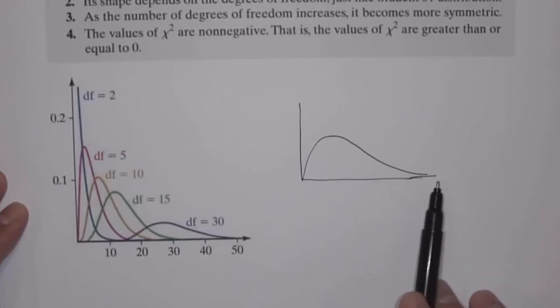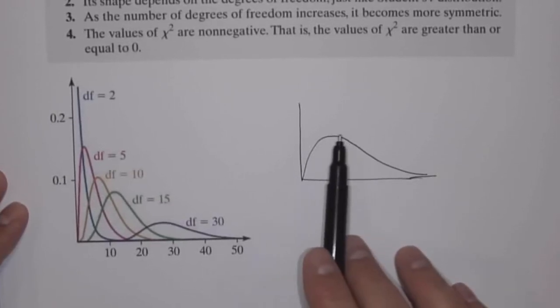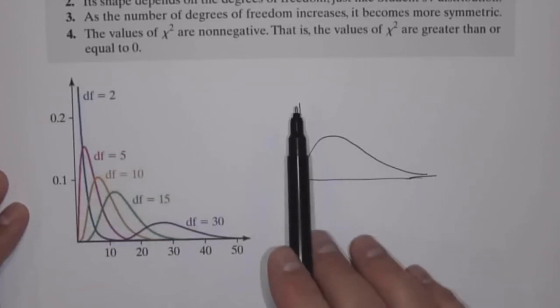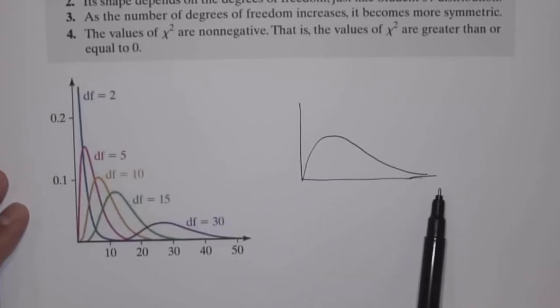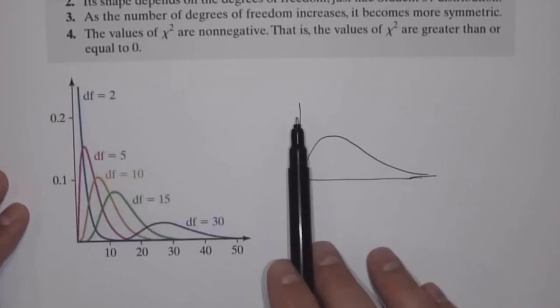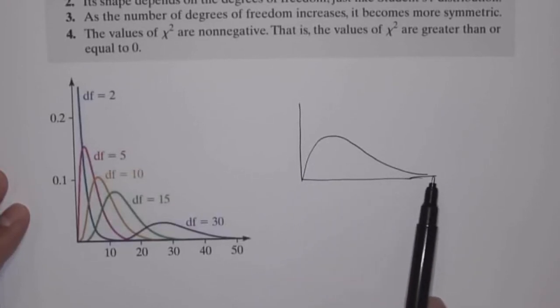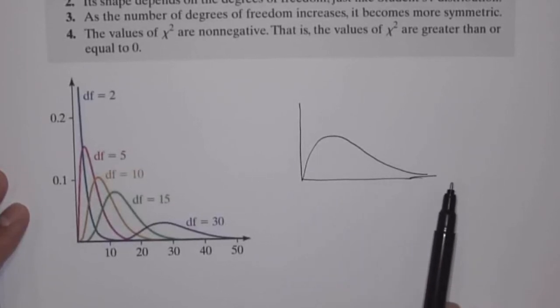And so again, we're going to use the specific chi-square distribution depending on what the degrees of freedom are for our situation. So we'll talk more about this chi-square distribution as we get into our hypothesis tests. But again, this chi-square distribution is going to generally be a skewed right distribution as opposed to symmetric.